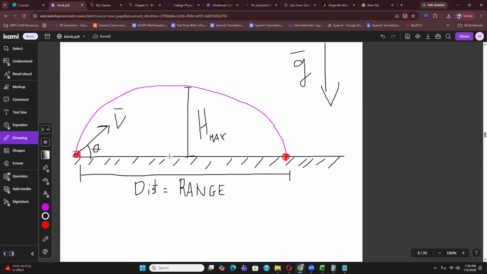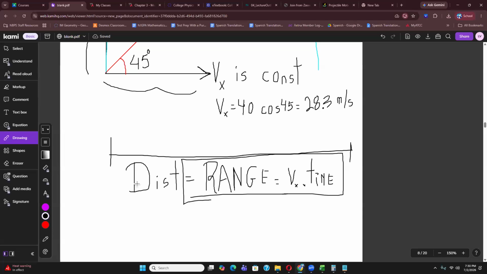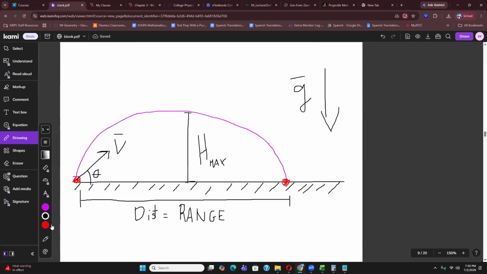So, like I did here, we are going to break the velocity on X and on Y. Now, this is Vx, constant.